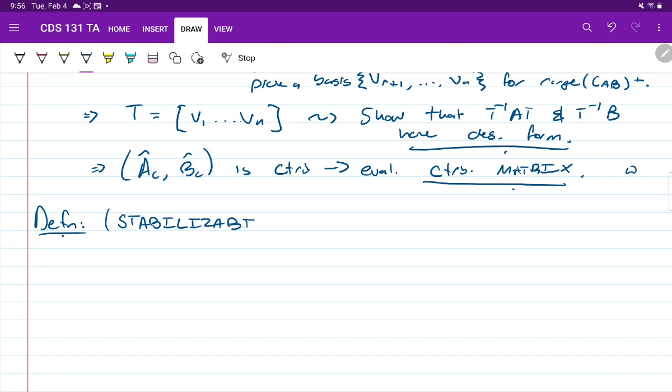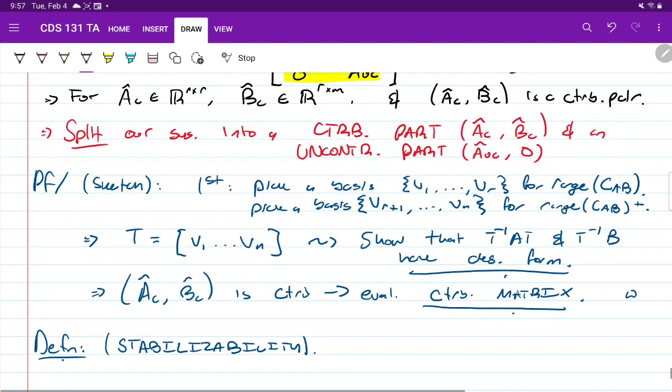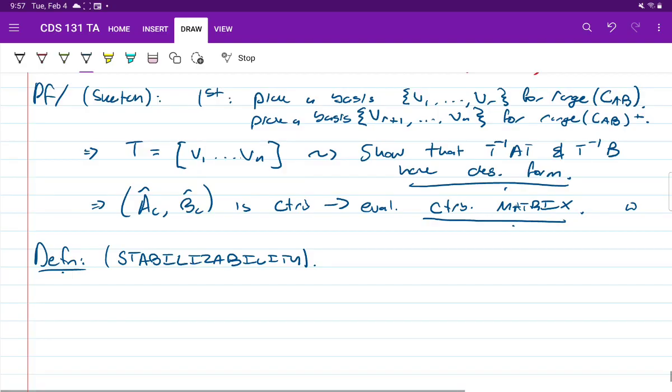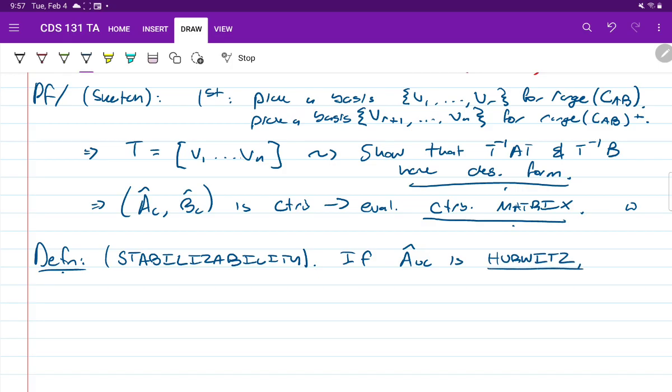Basically, what this says is that if we take this decomposition of our system above and we examine this matrix A uncontrollable, and that matrix turns out to be stable, or Hurwitz, then the system is stabilizable.